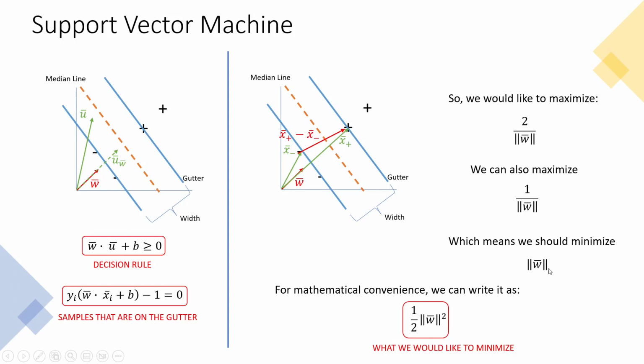And for minimization problems, remember, in order to neglect the effects of negative numbers, we would like to have the square. So we can basically, for the mathematical convenience, rewrite this as minimizing this function. So instead of minimizing this, we would like to minimize this one. Okay, so we have these two equations, and we have the third equation that we would like to minimize.